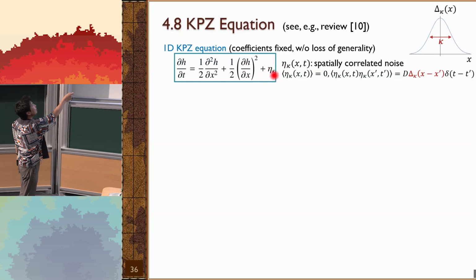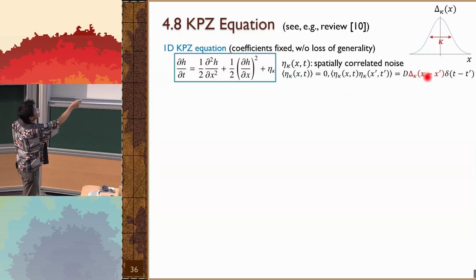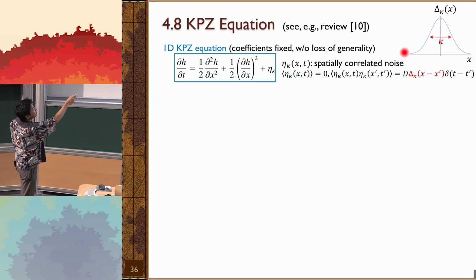And here the noise term eta kappa is chosen to be the spatially correlated noise that I explained yesterday. So instead of the delta correlation in x, here I consider some function capital delta kappa, and this has some unimodal shape with width about kappa.